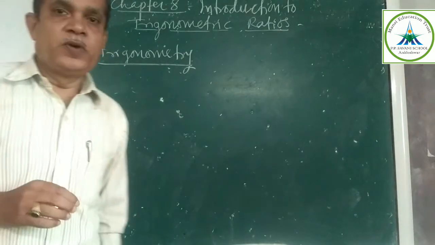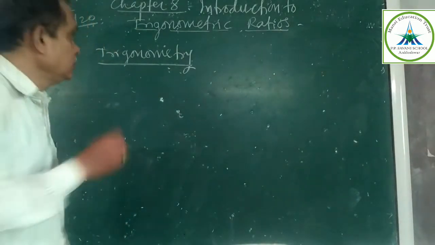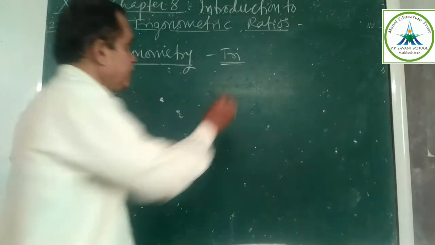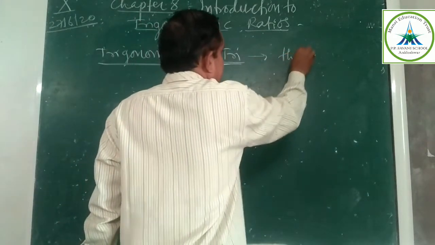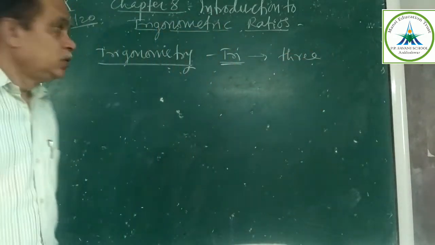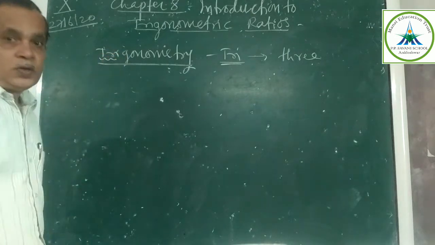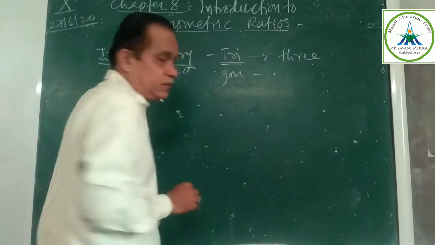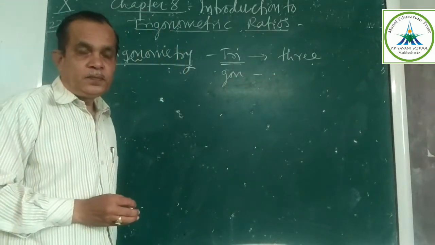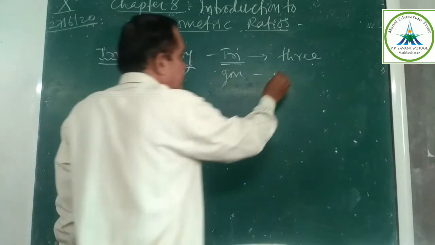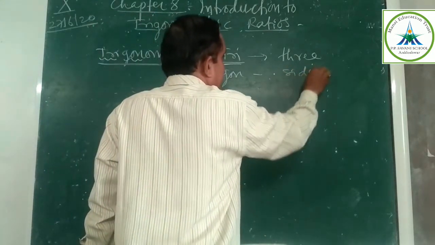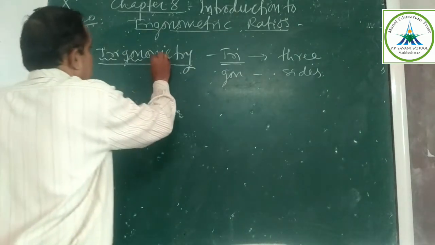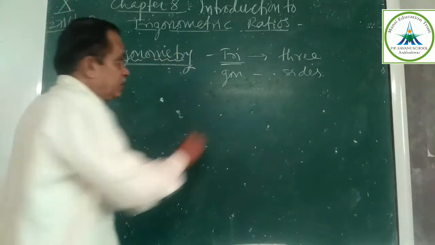Trigonometry is a Greek word. From Greek, it is trigonometry. G-O-N, gon, for sides, and metric.